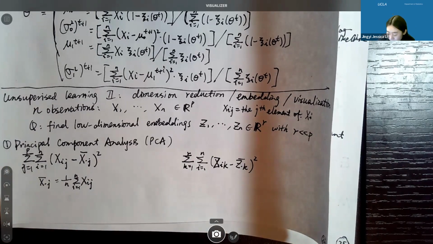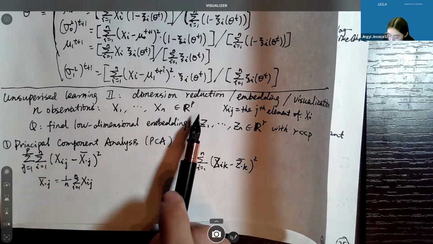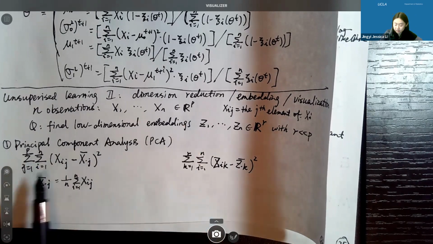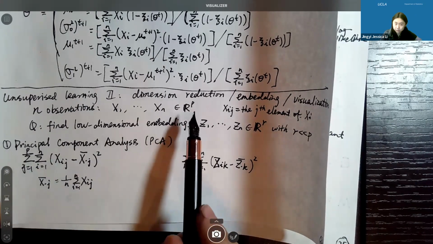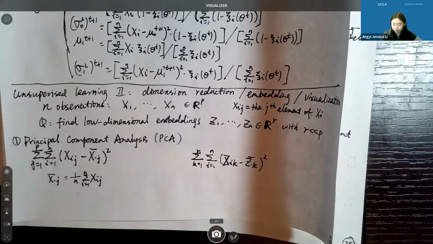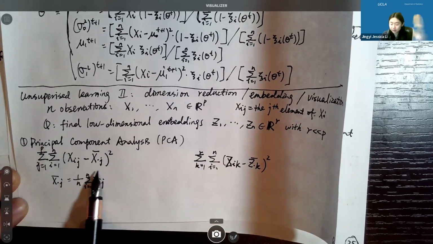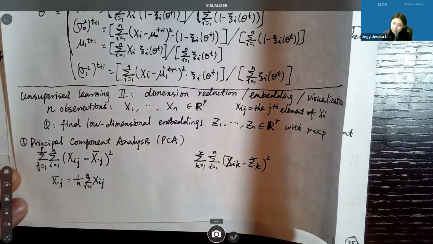Or I want to say, one thing I didn't say specifically is here. If you think about your original p dimensions, if two dimensions are completely replicates of each other, so they're equal, then those two dimensions can basically be represented by just one dimension, right? There's no reason to keep both. So in that case, even though both dimensions will contribute to this total variance, that's not the thing you're interested in.